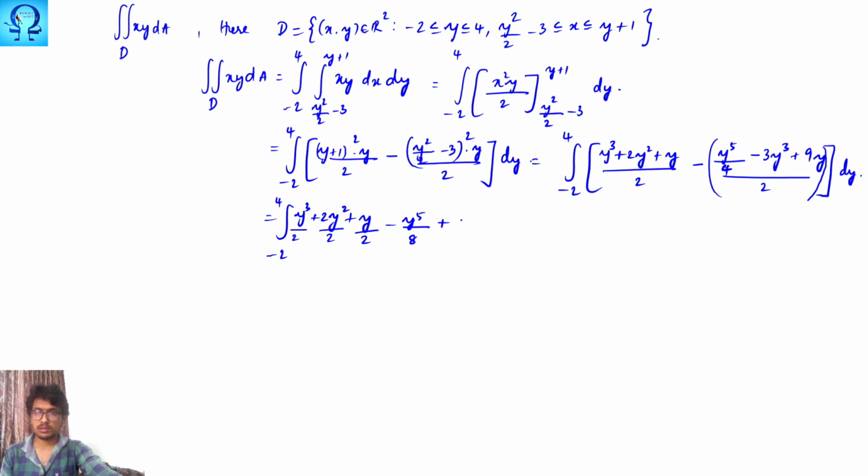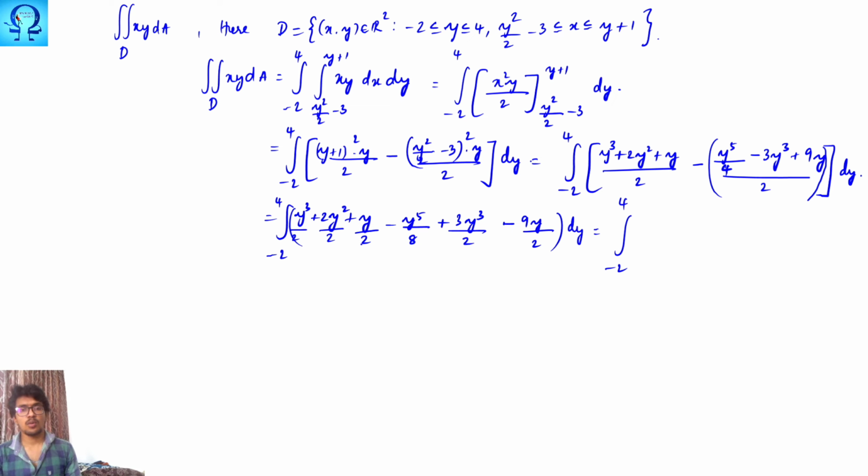So this is going to be plus 3y cube upon 2 minus 9y upon 2. So integral from -2 to 4. Let us write termwise. y upon 2 minus 9y upon 2. So when you subtract it, you are going to get minus 8y upon 2, which is minus 4y.